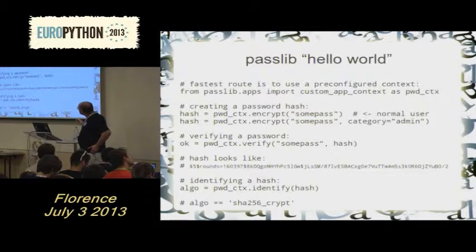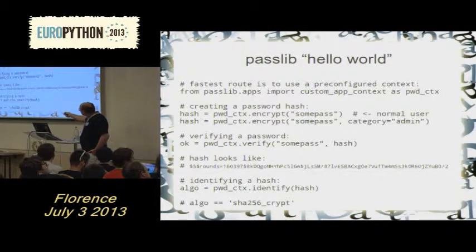The hash will look like this. You see there is a rounds parameter, and it is not only doing a single hash round like those simple hashes. In that case it's doing 160,000 rounds of hashes. So this is what makes it slow. Then here is the salt, and the rest of it is the password hash.